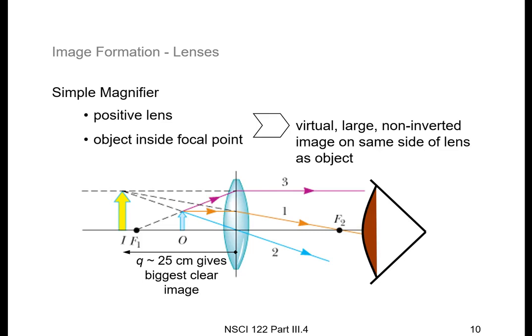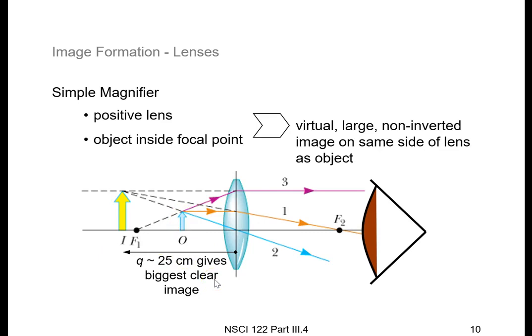So if you want your simple magnifier to do the best job it can, you adjust the object distance so that the image distance is 25 centimeters.